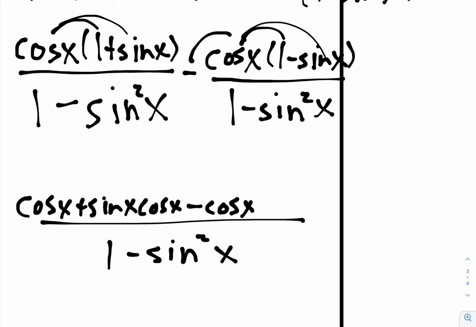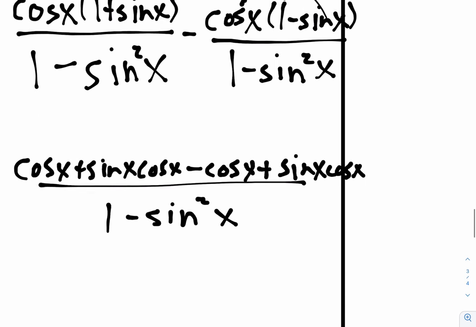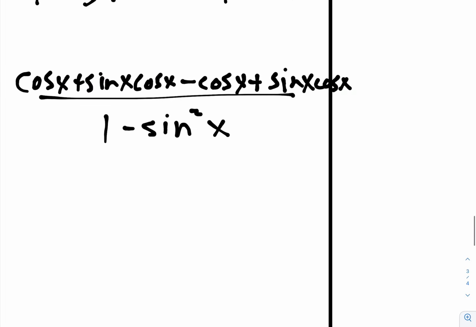And then we're subtracting cos x times sine x, so that's going to be plus sine x cos x. Okay, and combining like terms, I see that cos x minus cos x is 0. So those are going to cancel out.